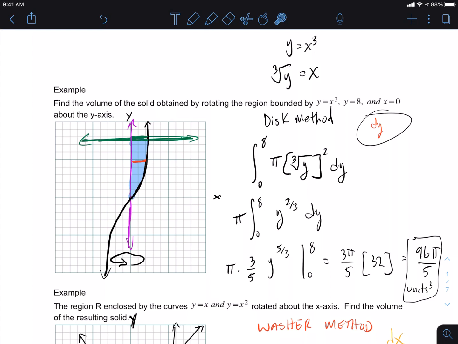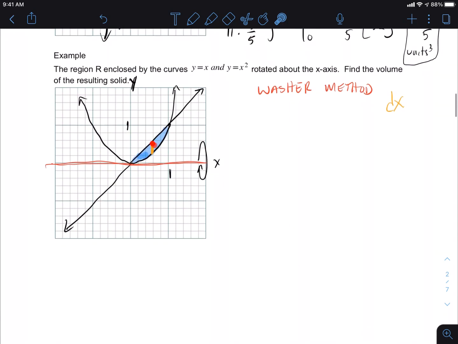See how this one was about the y-axis? So I had to have a cross-sectional slice that's this way because the rotation is that way. Always, always, always, that line should form a 90 degree angle with the axis of rotation. Here, this one is 90 degrees to the axis of rotation. Thank you, it's totally clear now.